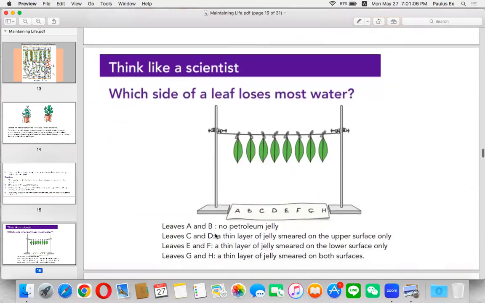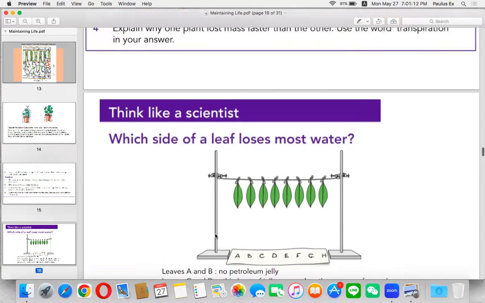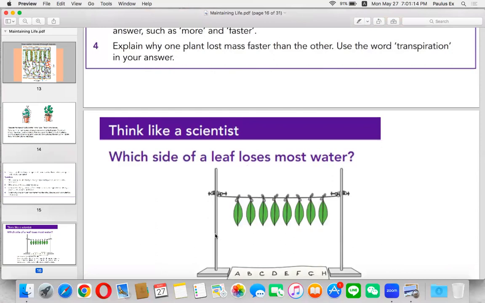Now, which side of a leaf loses most water? What do you think? Which side? Probably the right side.